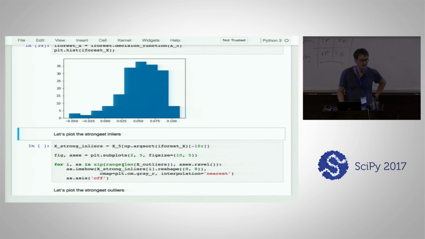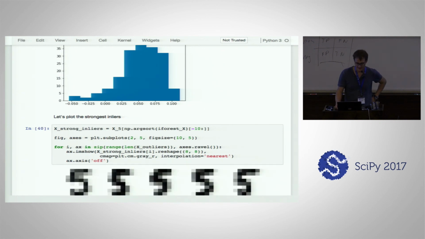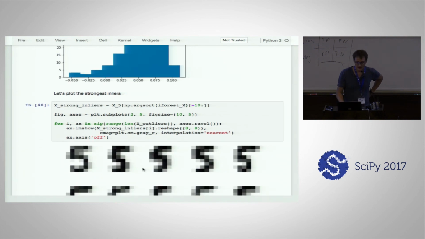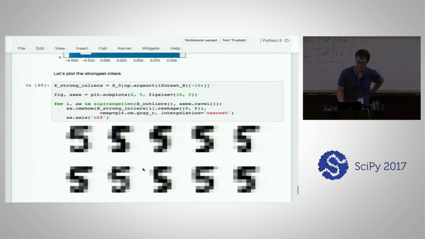Since it's digits, I can look at them, which is nice, because I can visually assess, as an expert in writing files, how they look. These are the 5 that are the most inliers. They all look like nice 5s.